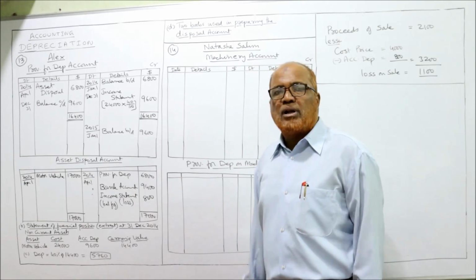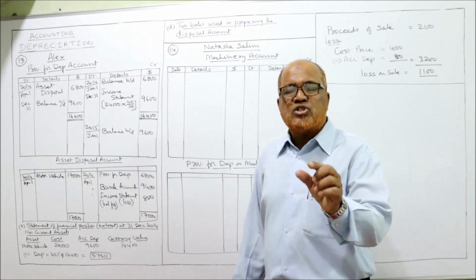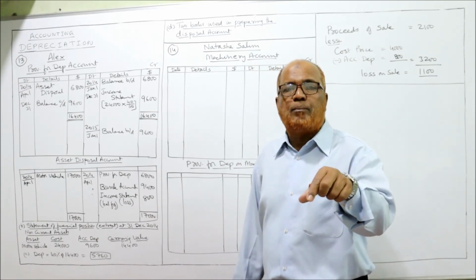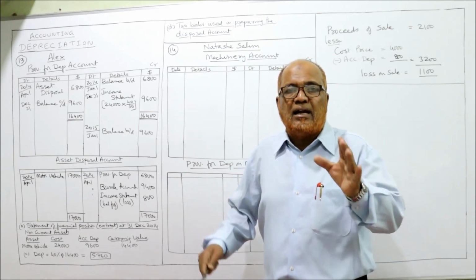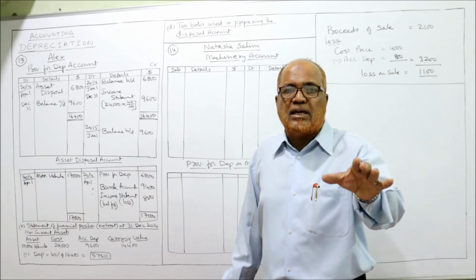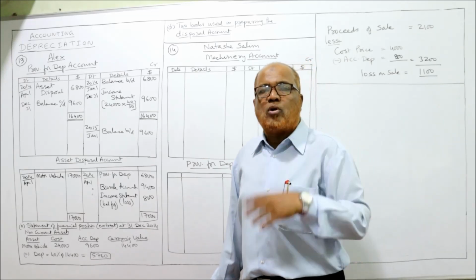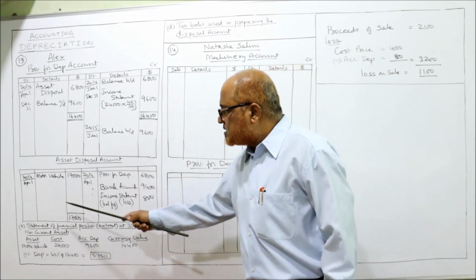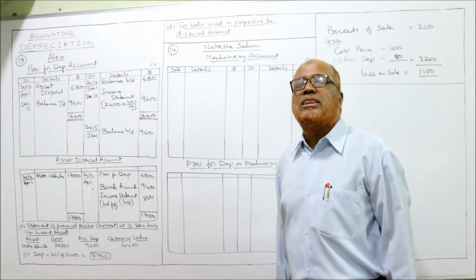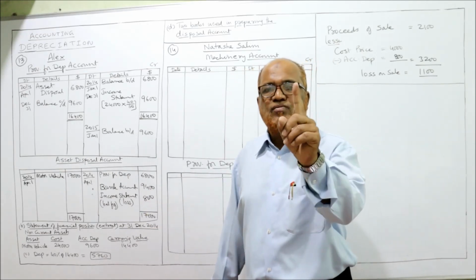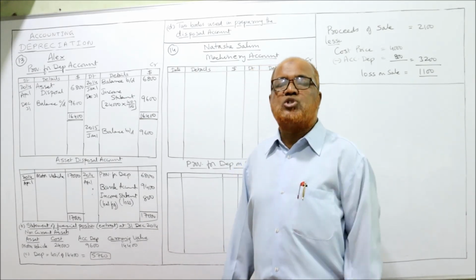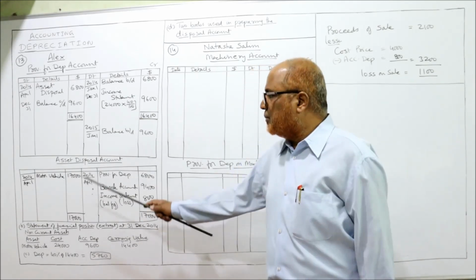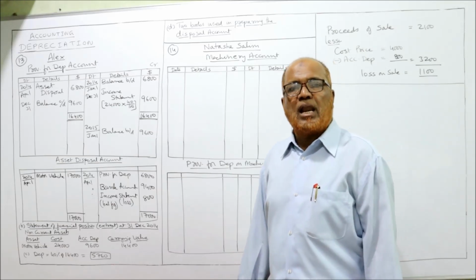Similarly, provision for depreciation. This provision for depreciation entry we will pass in journal. All adjustment entries will be passed in journal. Journal is the book of original entry. So by seeing this disposal account, we can conclude that journal is one of the books of original entry and cash book is another book of original entry which are used in preparing the disposal account.